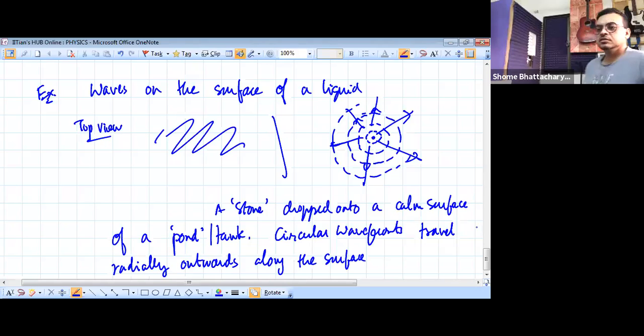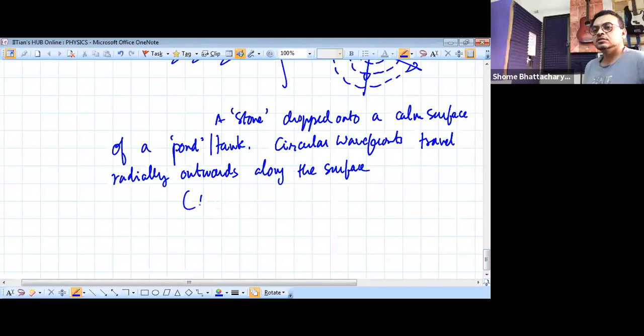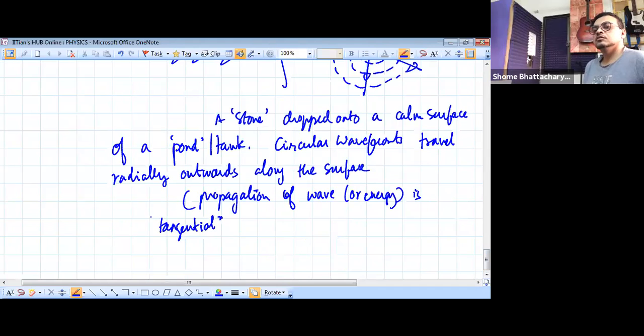That means that the propagation of energy is happening tangential to the surface. Propagation of the wave or energy is tangential to the surface.